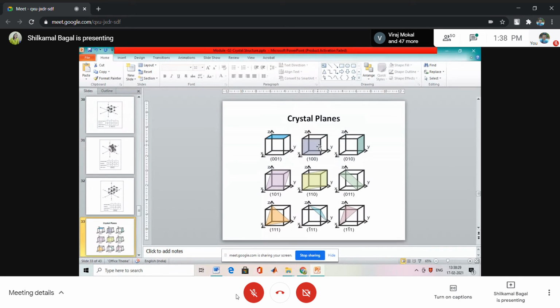Complete this, then it will go like this, and this side will come like this. Now it won't go here. Will we shade the top face? No, we won't, because the top face is a different plane. This top face is a horizontal plane, understood? And this front face is nothing but a vertical plane. So the top face and the front face are different planes. So only this front face of the unit cell is 1 0 0.